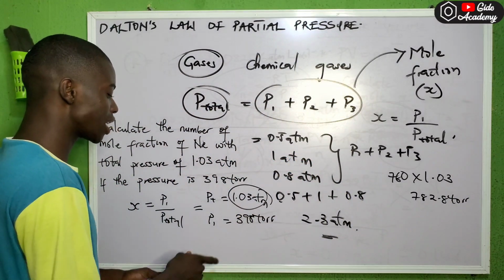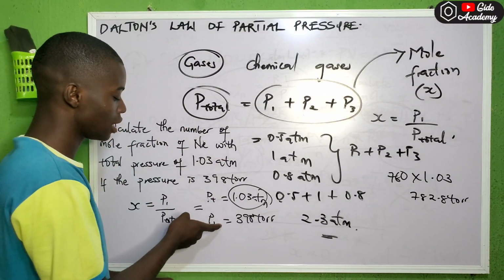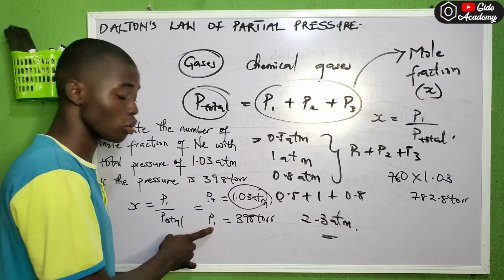Please take note: no matter what, your P total must be greater than your partial pressure, which is your P1.